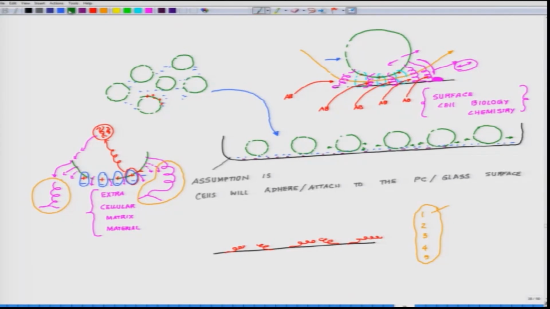Now, in the modified situation, here is your cell coming. First of all, it starts to roll, it has its medium out there a little bit.